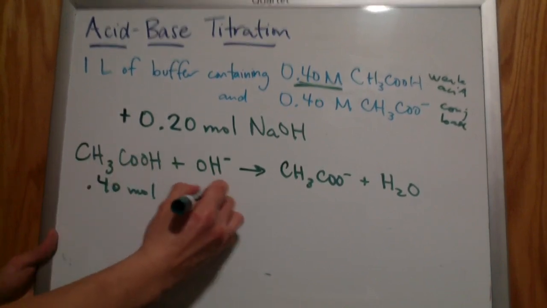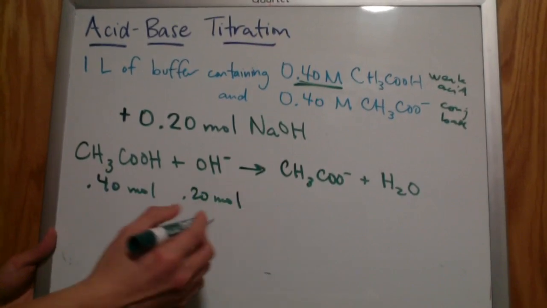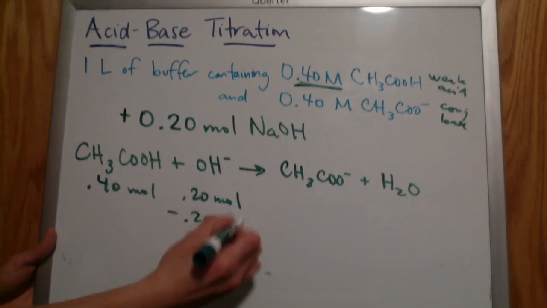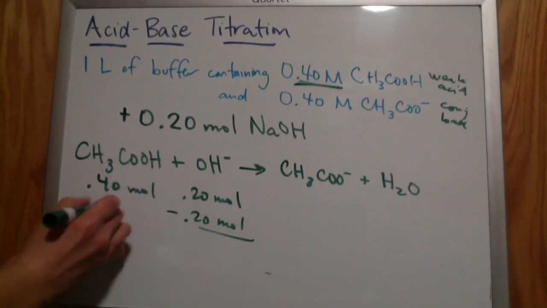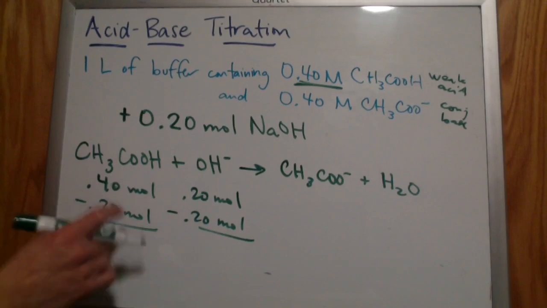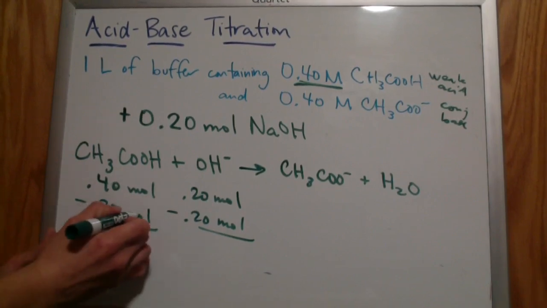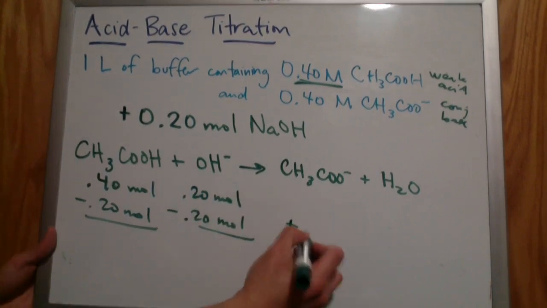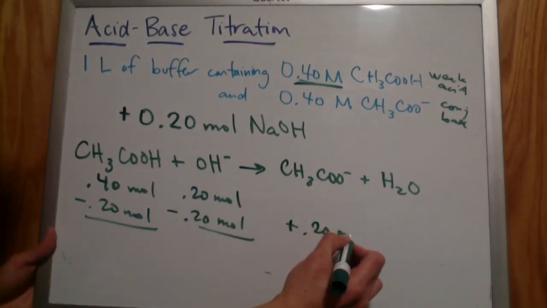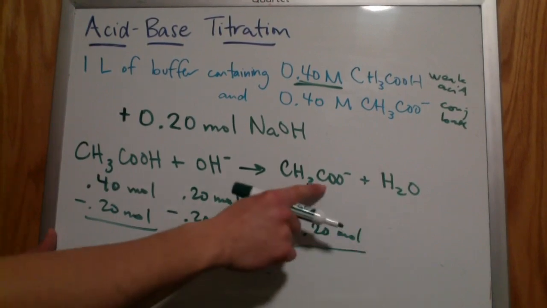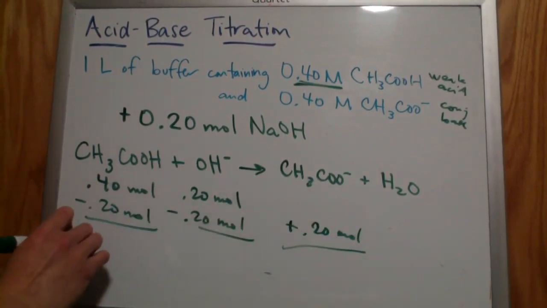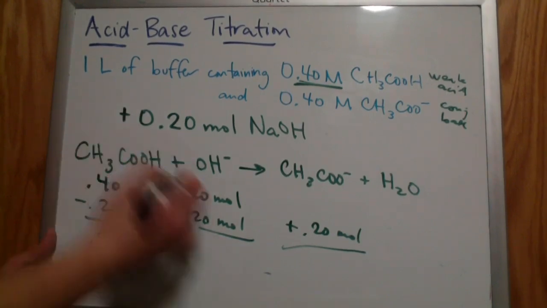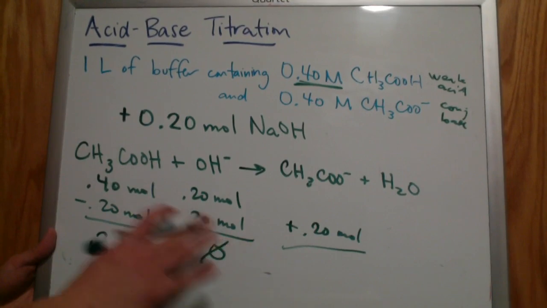We have 0.20 moles of hydroxide, and the hydroxide is the limiting reactant. So since it's a 1-to-1 mole ratio, we would use up 0.20 moles of this, 0.20 moles of this. And then we would also make, which a lot of you forgot last week when we were doing the homework, 0.20 moles of this. So we end up with 0.20 moles of acetic acid after the neutralization, no hydroxide in this scenario.